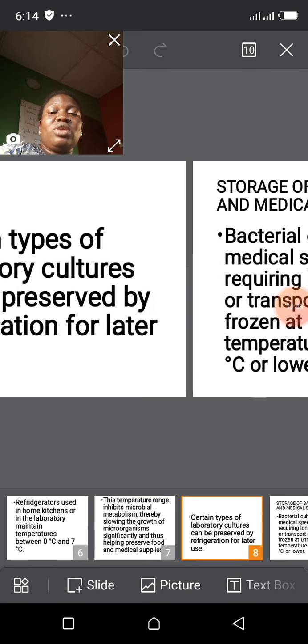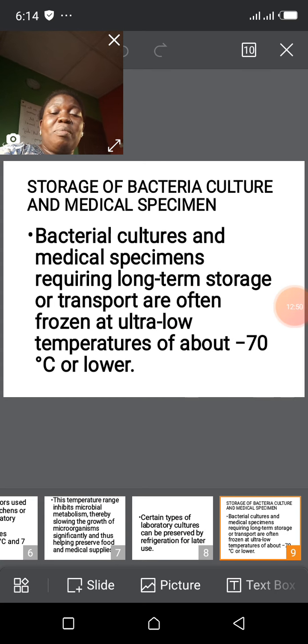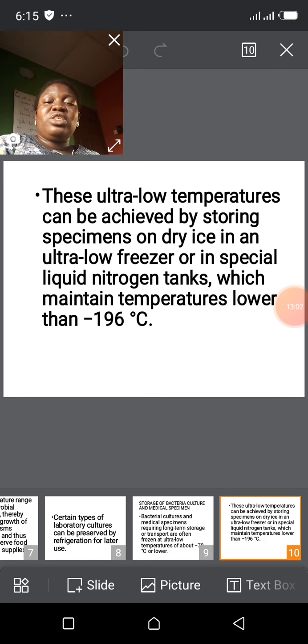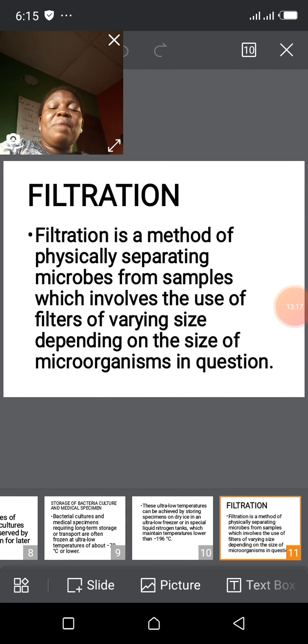I also told us that certain bacterial cultures or medical specimens that require long-term storage could be frozen under ultra low temperature of about -70 degrees Celsius or lower, and this could be achieved by storing specimens on dry ice, in an ultra low freezer, or alternatively in a special liquid nitrogen tank. This liquid nitrogen tank has the ability of maintaining a temperature of about -196 degrees Celsius, thereby helping to control the growth of a wide range of microorganisms.